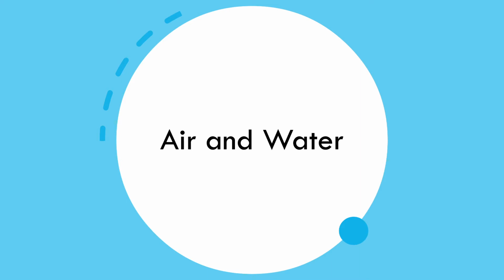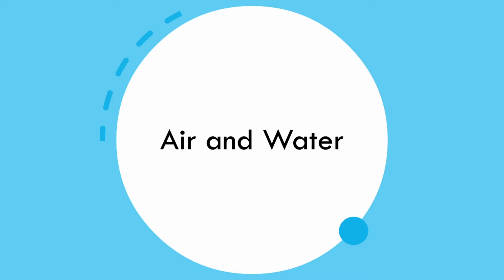Today I am going to discuss with you the next part of the chapter, that is air and water. In the previous class, we discussed the atmosphere, its significance, the layers of atmosphere and composition of air. We all know that air is a mixture of gases.